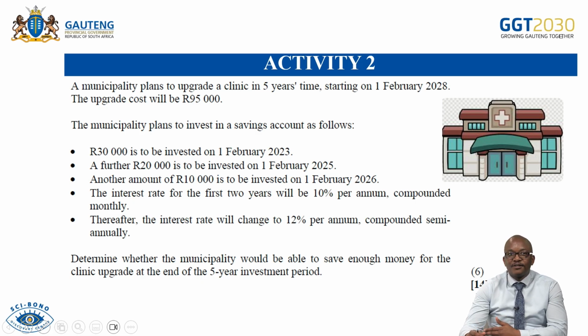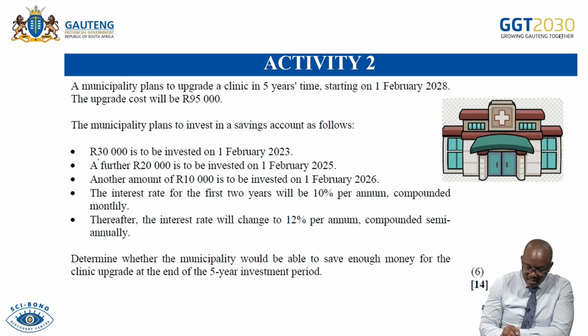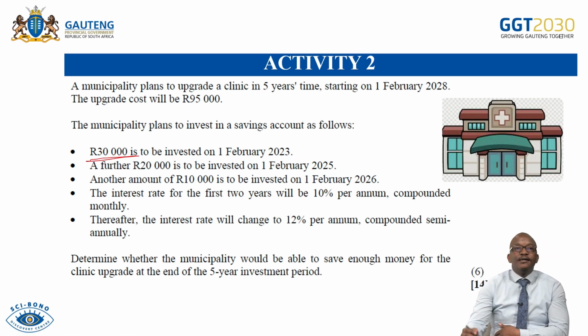So now, the information below is how the investment goes. The municipality plans to invest in a savings account as follows, correct? Bullet number 1 says 30,000 is to be invested on the 1st of February 2023. So the initial amount invested at the beginning is 30,000.